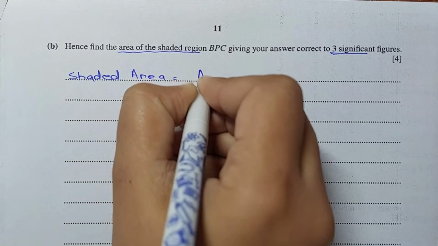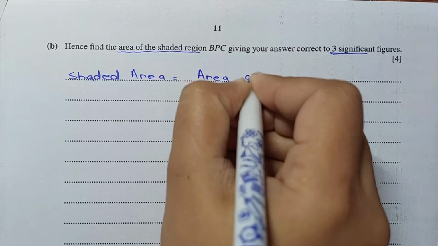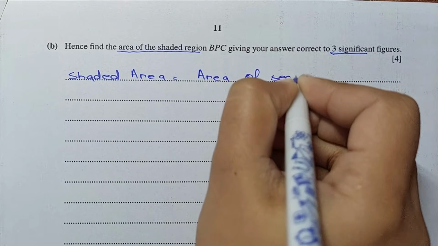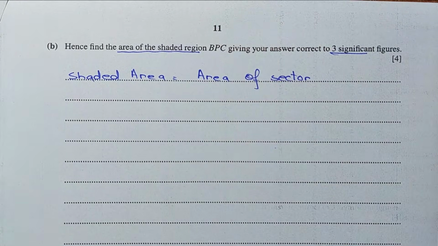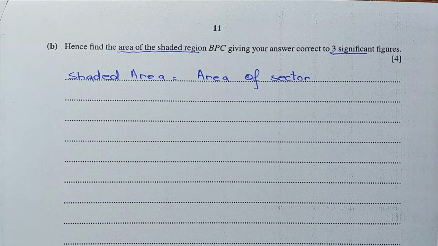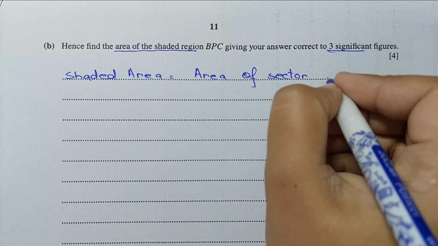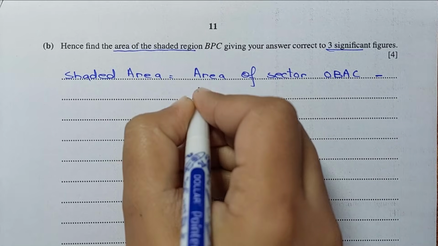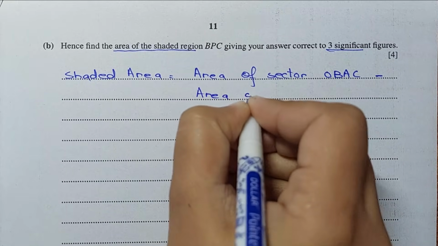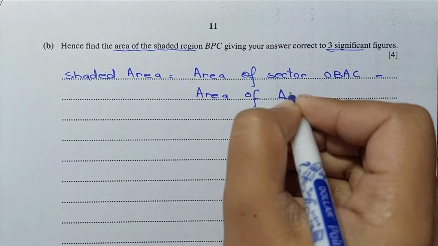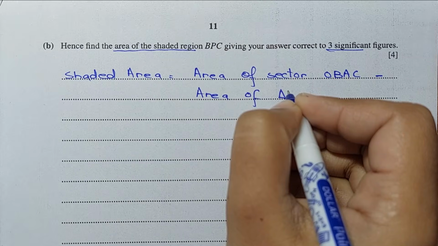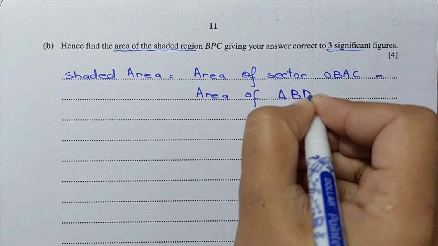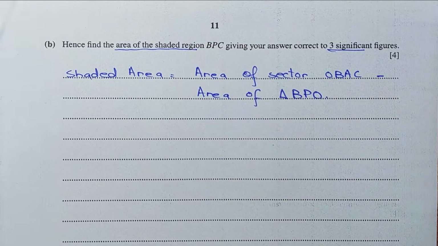So the shaded area is area of a sector, the whole sector OBAC, subtract area of a triangle BPO, right?